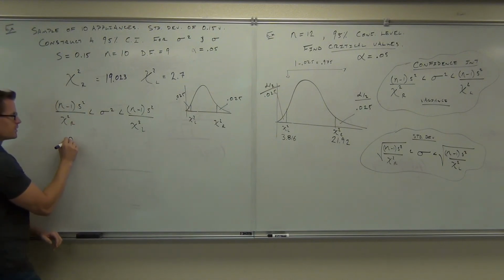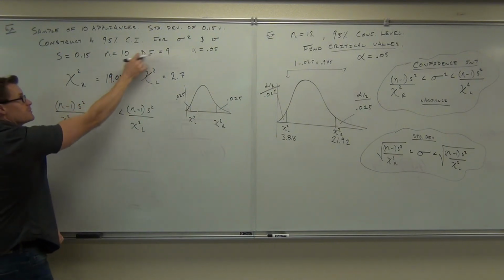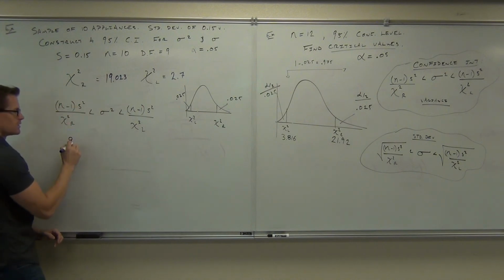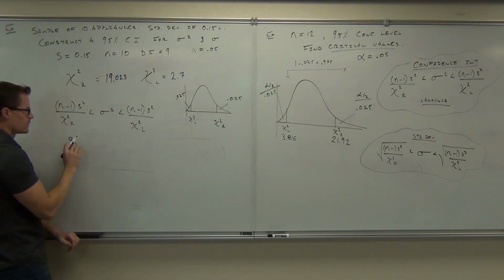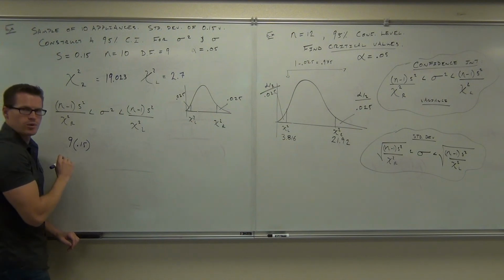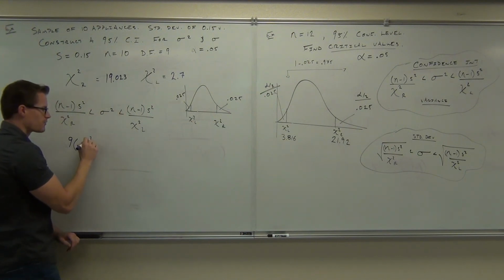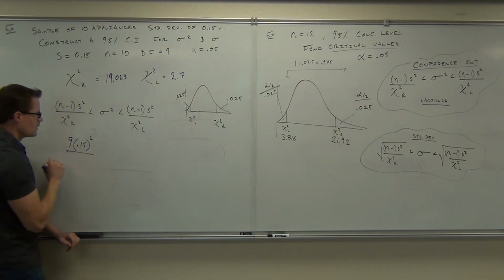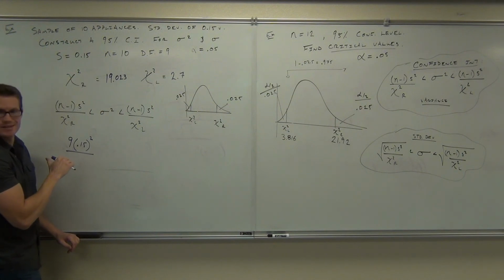So we'll have our 9, remember that's degrees of freedom, or n minus 1, times s squared. What is our s again? 0.15. And what are we going to do with that 0.15, folks? Square. Do not forget to square that. Over, what's our chi-squared right?